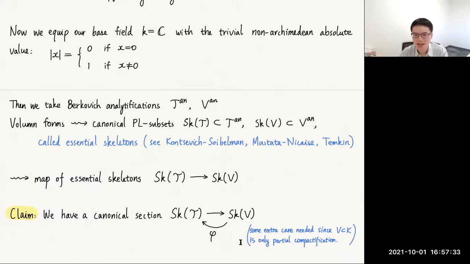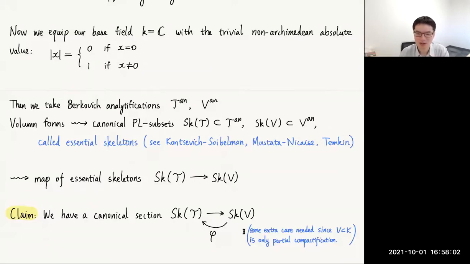So I put in parentheses that we need some extra care because we are not really working with projective varieties. If things are not projective, when we take the analytification, of course we have the analytification, but for things to work better, we'd better take something smaller.